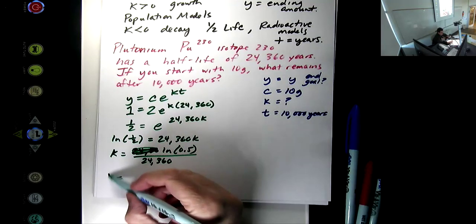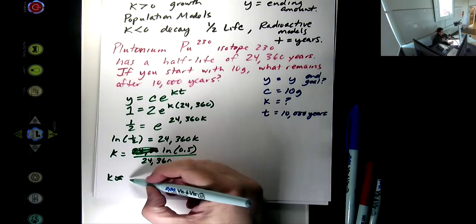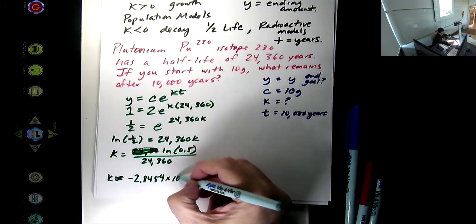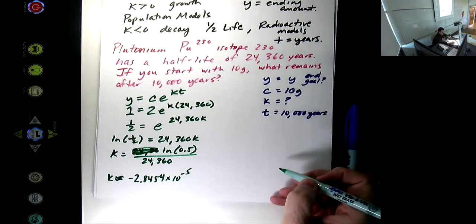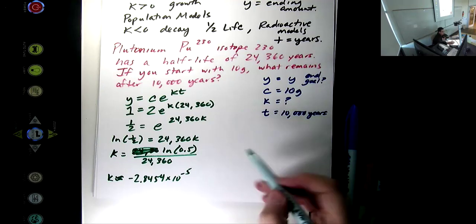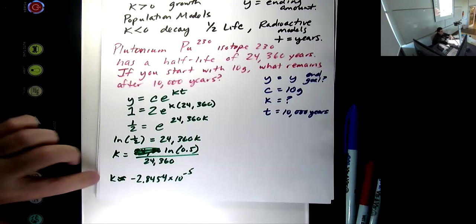I don't know what that is, but we can figure it out. There's a lot of decimal places here. I'm not gonna use this yet. I'm gonna go on to solve my actual equation, just leaving K in, and we'll substitute this K later.